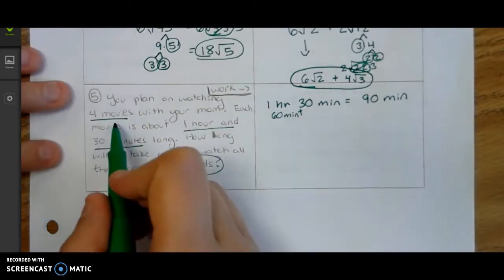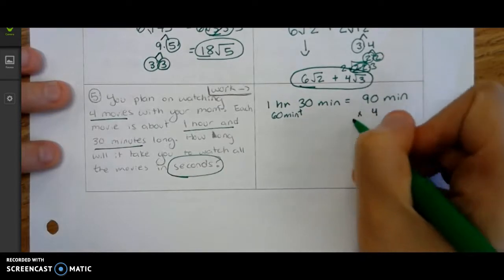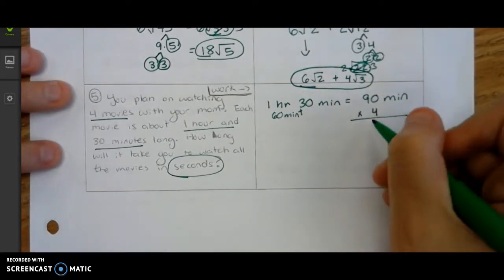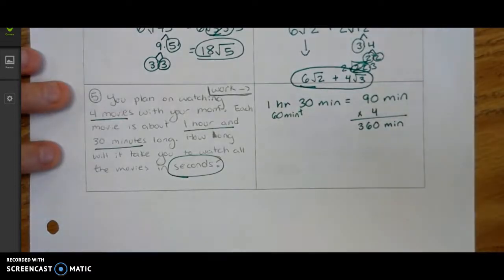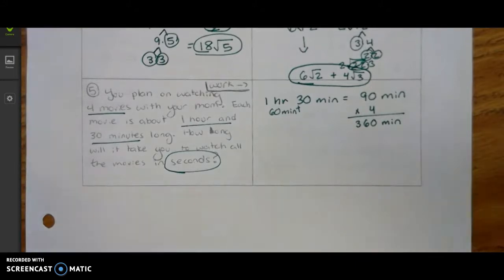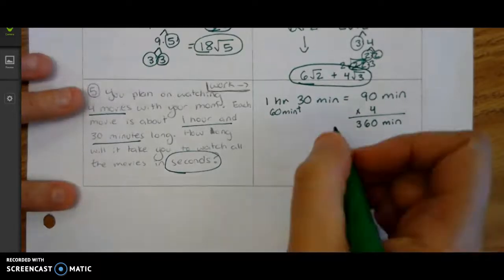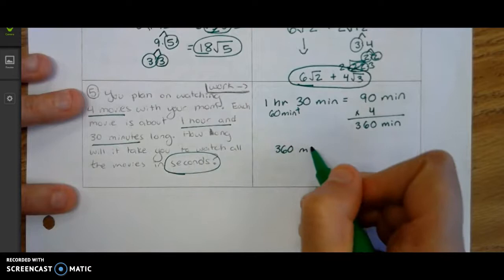And now I've got 4 of them, so I'm going to multiply that by 4. That's going to give me 360 minutes, which you could obviously plug in the calculator. So now I've got minutes, but I want my answer in seconds, so I've got to change from minutes to seconds. 360 minutes.